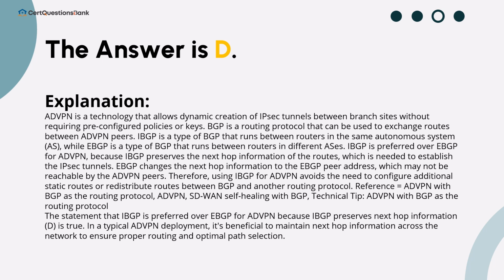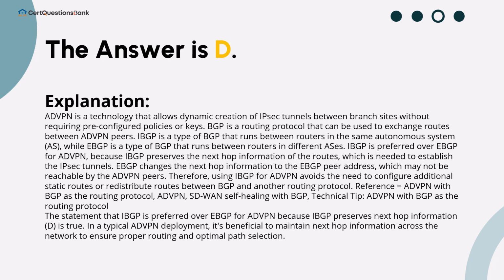eBGP changes the next hop information to the eBGP peer address, which may not be reachable by the ADVPN peers. Therefore, using IBGP for ADVPN avoids the need to configure additional static routes or redistribute routes between BGP and another routing protocol. Reference: ADVPN with BGP as the routing protocol, ADVPN, SD-WAN self-healing with BGP. Technical tip: ADVPN with BGP as the routing protocol.